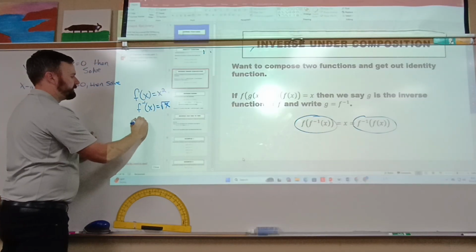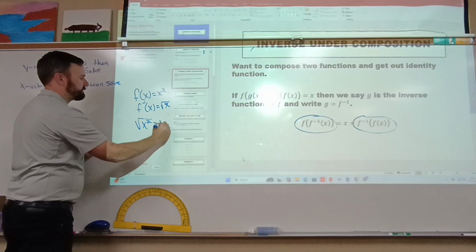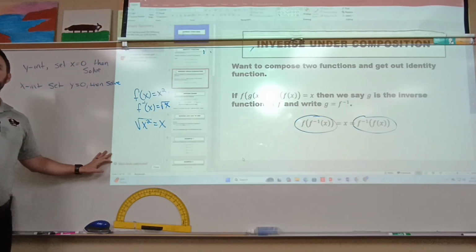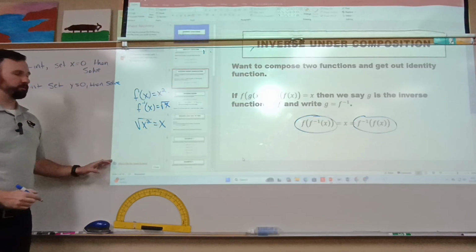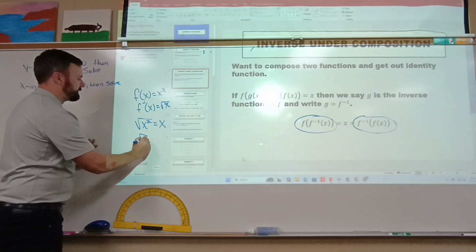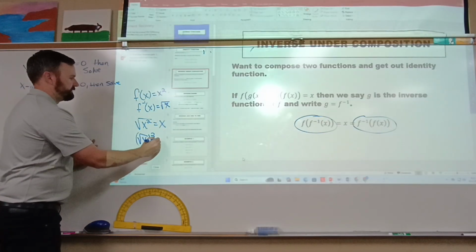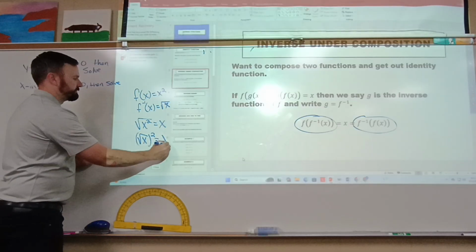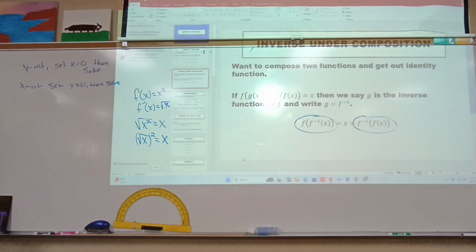And does it work? Is square root of x squared x? Yeah. Is it true both ways? Because it has to be true both ways. Is square root of x squared x? Yep. That's an inverse. That's all it's saying, is that it takes it back to the original.